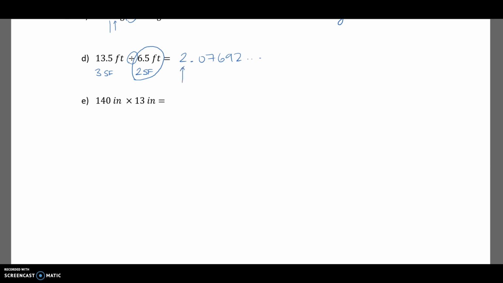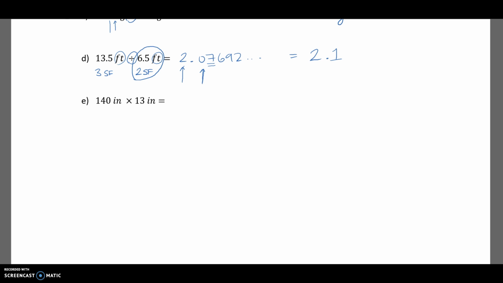This first digit is significant, this 0 is significant, and this is where I'm going to round, so that would give me 2 significant figures. I look one digit to the right of where I'm going to round and see it's a 7, which tells me to round my final digit up. So this would round to 2.1. As you'll see in later videos, when I divide the same units in my numerator and my denominator, those units will cancel out. So the final answer here will be 2.1.